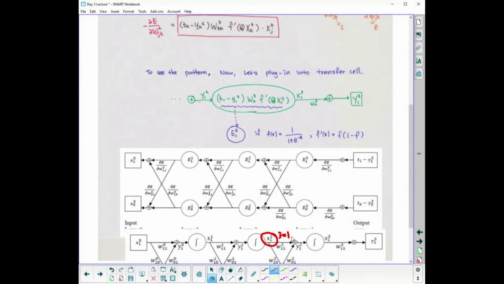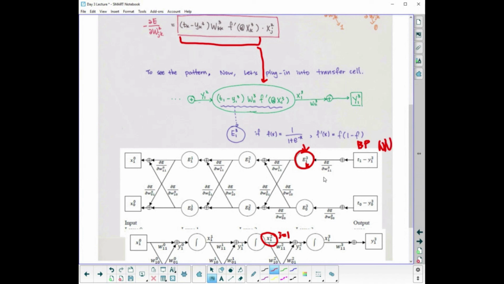This is the j is 1 case. For the other whole part, like k, output 1, if k is also 1, we can say this E node. So if k is also 1, you can write this whole thing into this node. So it's a back propagation network.